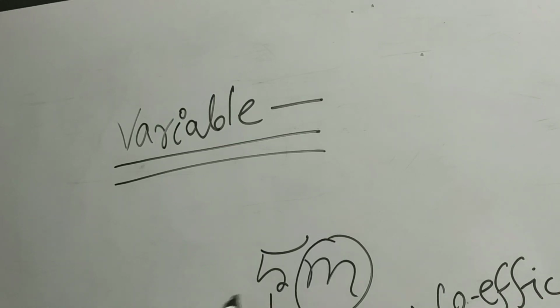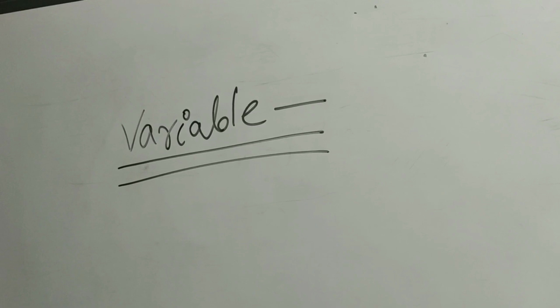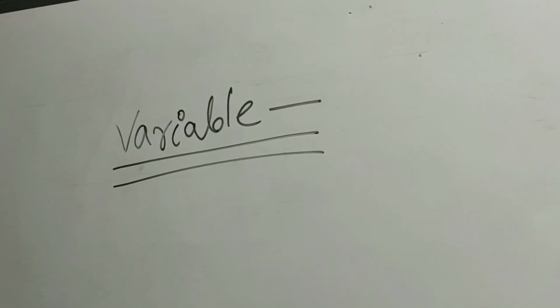Now this 5 is the coefficient. One is variable, another is coefficient. In simple language, a variable means something which has no fixed value. In general, you can remember a variable as a value which is not fixed. That is called variable.